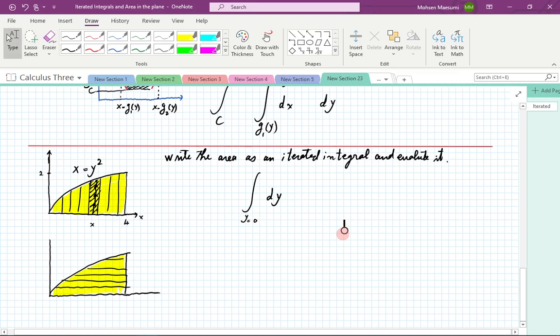And then where do I stop? My function is given as x equal to y squared. I can write this as y equal to square root of x. So my stopping place is going to be square root of x.